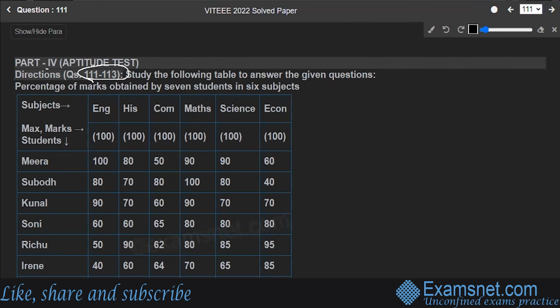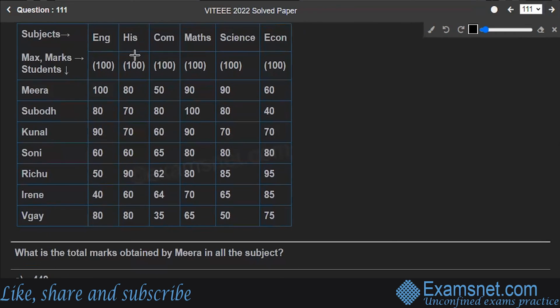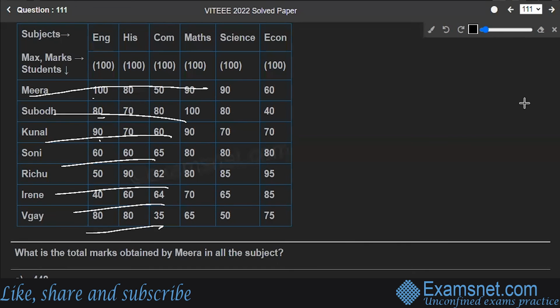So study this table thoroughly to answer the questions. Subjects: English. Meera is scoring 100%. Subodh is 80%. Kunal, Sony, Richu, Areen, and Vigay are also scoring. These are the percentages of the marks scored by the different students in different subjects.